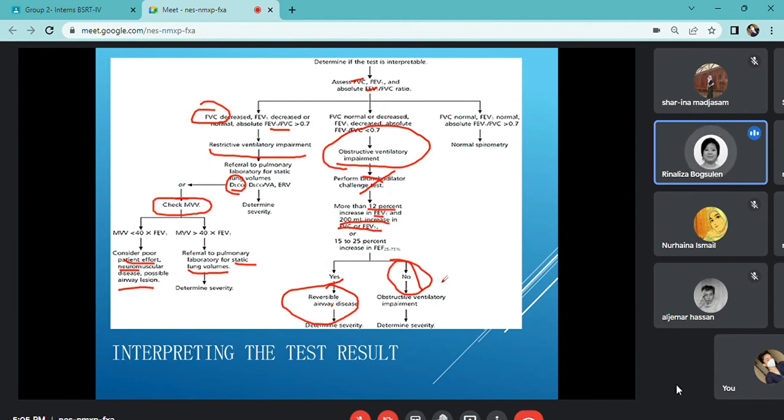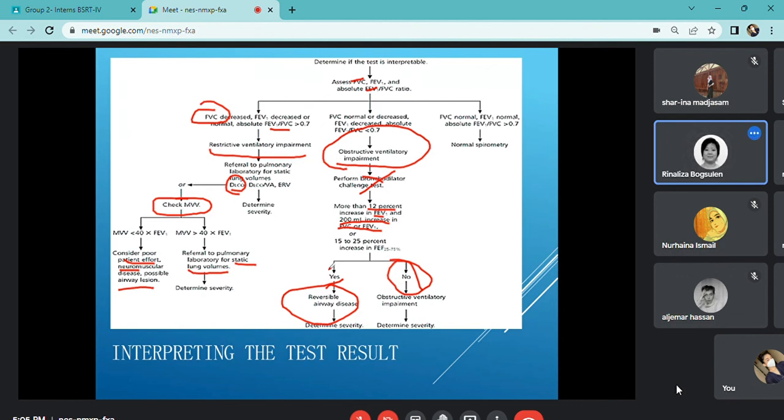So, pag wala kang nakitang more than 12% increase in your FEV1 and a 200 ml increase either in your FVC or FEV1, then that is no significant reversibility or no significant change post-bronchodilation studies.